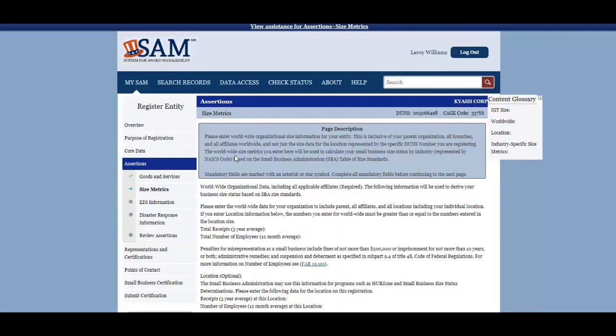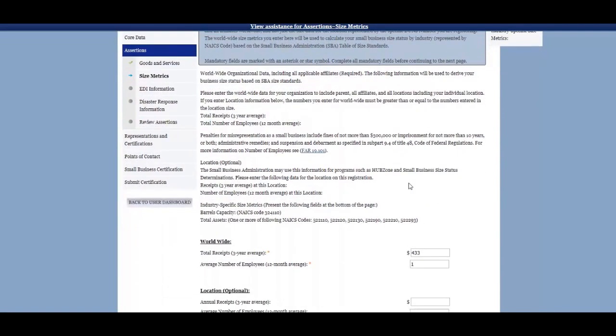The worldwide size metrics you will enter here will be used to calculate your small business size status, represented by the NAICS code on the Small Business Administration SBA table of size standard. Mandatory fields are marked with an asterisk or star symbol. Complete all mandatory fields before continuing to the next page.